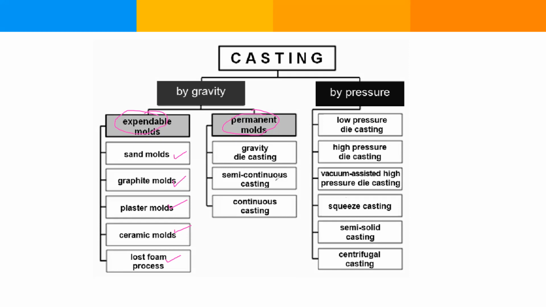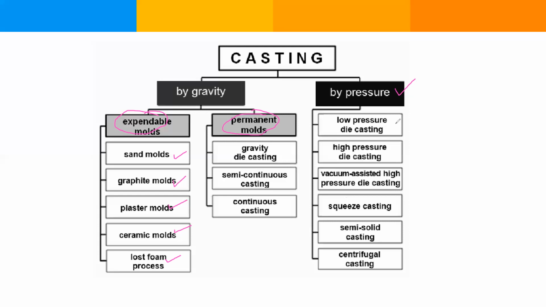Under the category of by pressure, the molten metal is fed into the mold cavity under pressure. Here the molten metal is injected into the mold cavity under some pressure. It may be a low pressure or a high pressure, but the molten metal is sent into the die cavity by pressure.